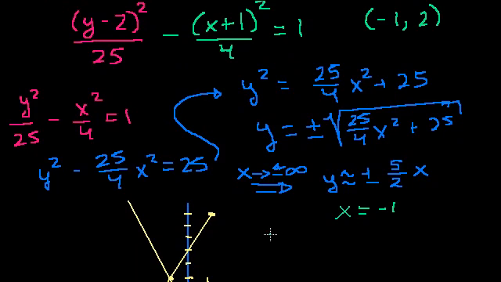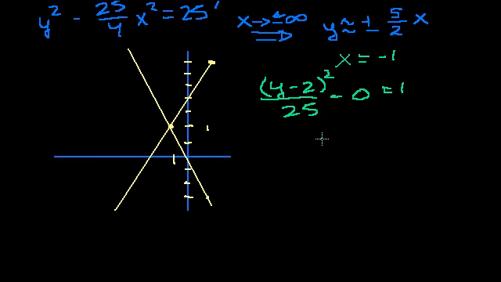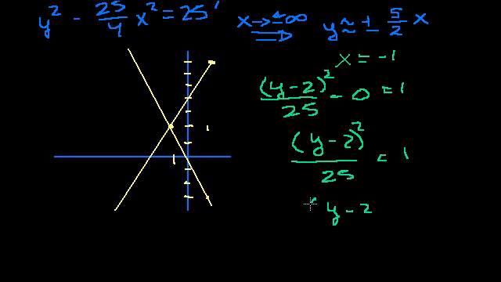So then you get y minus 2 squared over 25, this becomes 0, minus 0 is equal to 1. So y minus 2 squared over 25 is equal to 1. y minus 2 squared is equal to 25, just multiplying both sides by 25. y minus 2 is equal to plus or minus 5, just taking the square root of both sides.